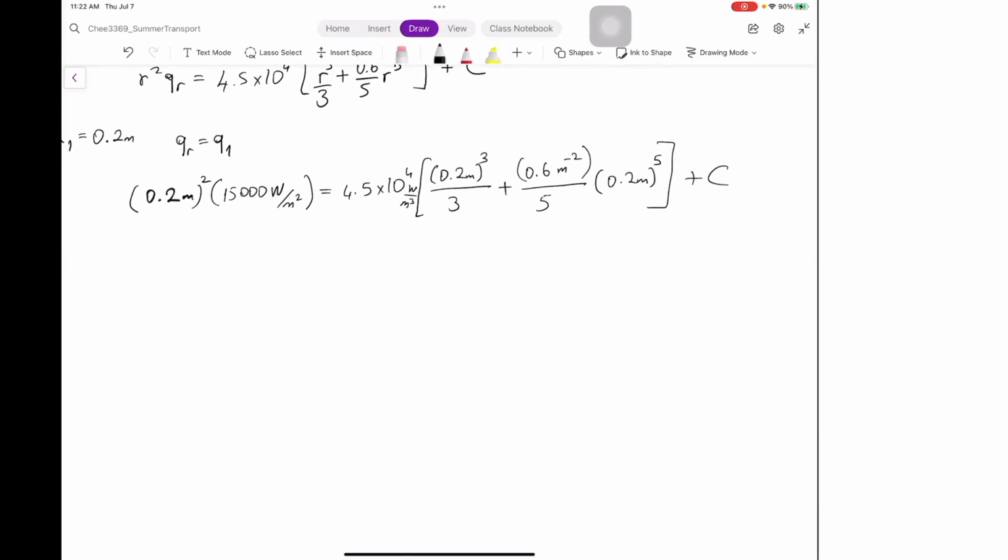Let's do the algebra. I have a calculator. I recommend you also do it because I have been making so many mistakes these days. 0.2 squared times 15,000 is 600 watts on the left hand side. Five times 6 divided by 5.